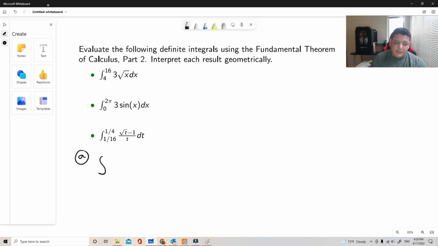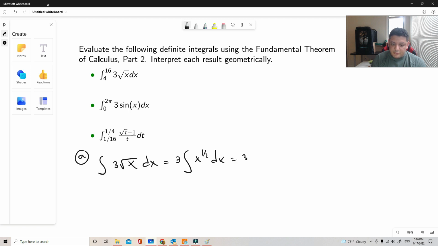We have the integral of 3 square root of x dx. Notice that for this we can use the antiderivative. We can think of this as 3 times x to the 1/2 dx.